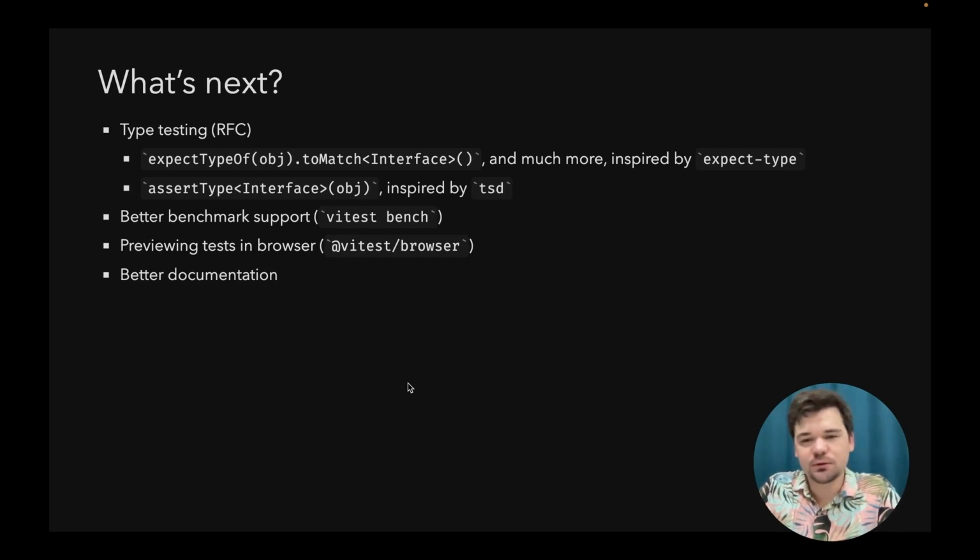So there will be an expect type of function, which exposes matchers similar to expect, like toMatch, toEqual type, and so on. And it is inspired by the expect-type package. And we also think that we will have an assert type function, which is inspired by TSD. But stay tuned for that. It's not implemented yet. It's only in an RFC stage.